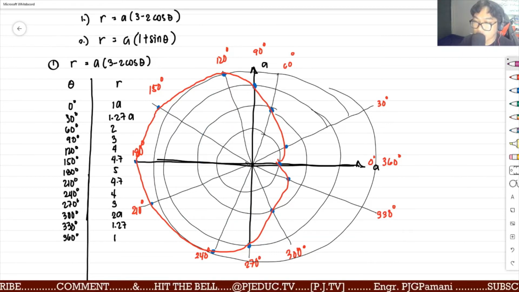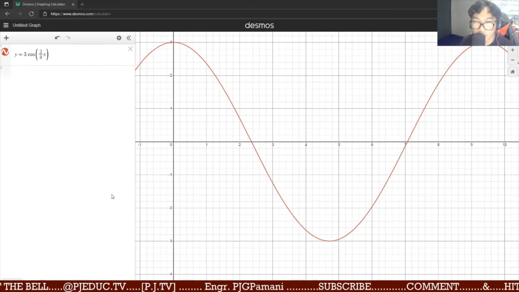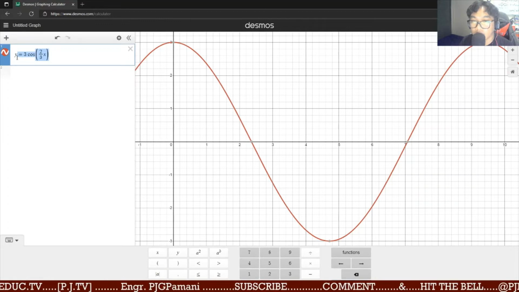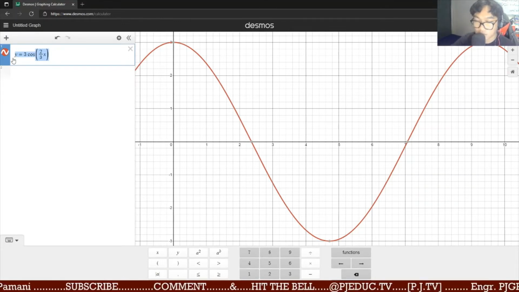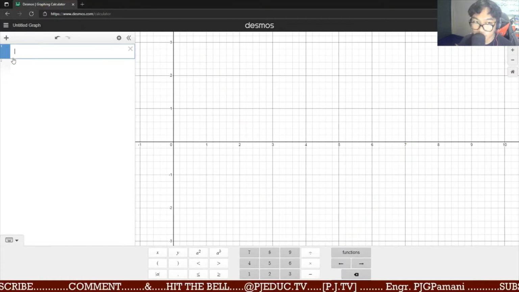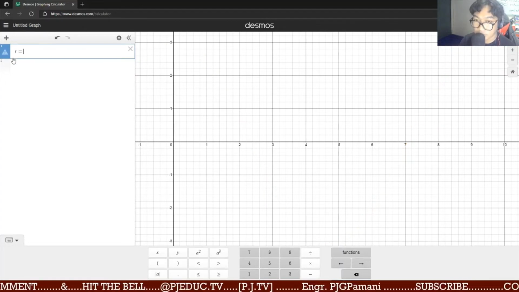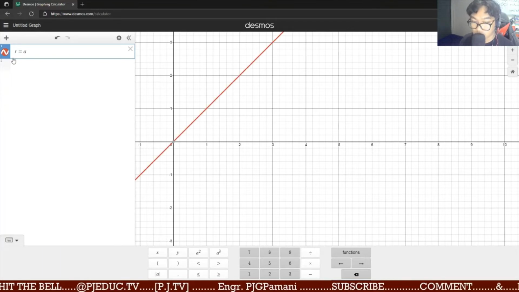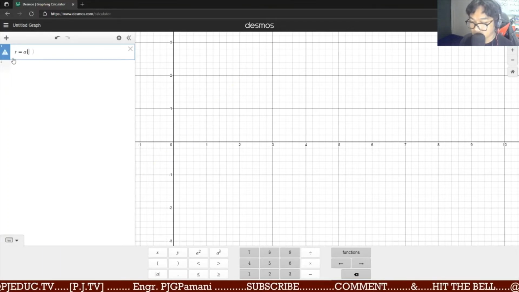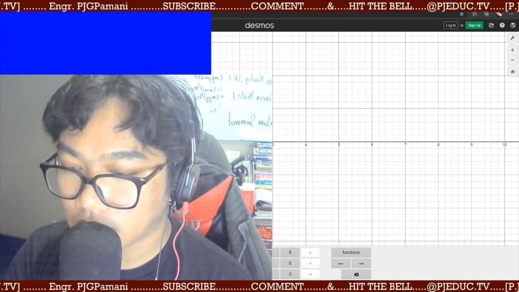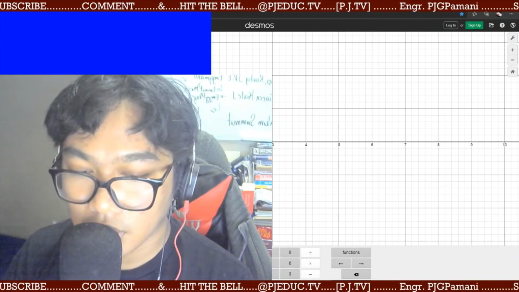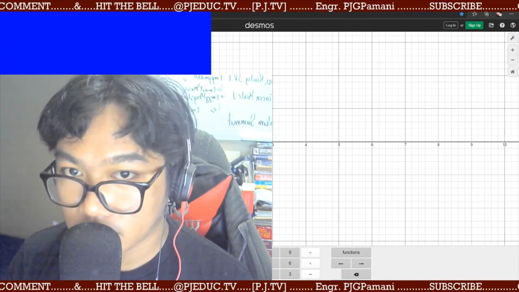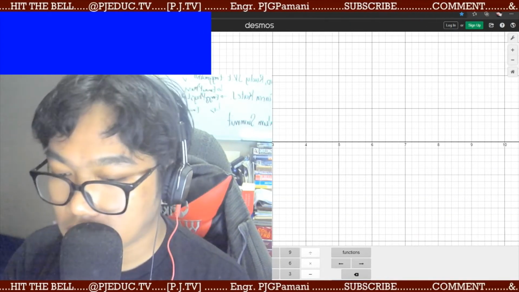Let us check in our website how we did get the exact graph. Enter r equal to a times (3 minus 2 cosine theta).